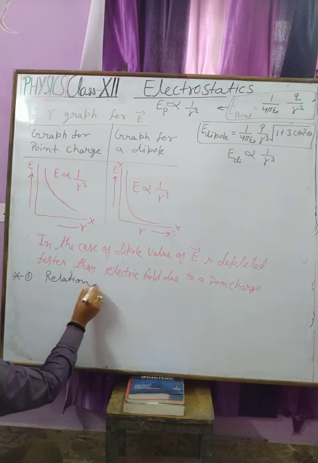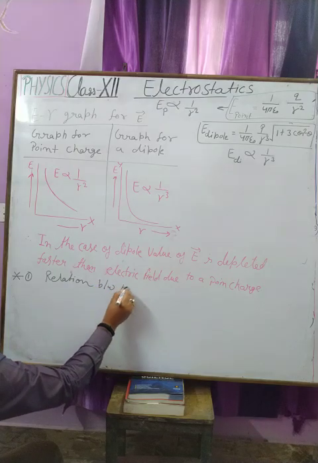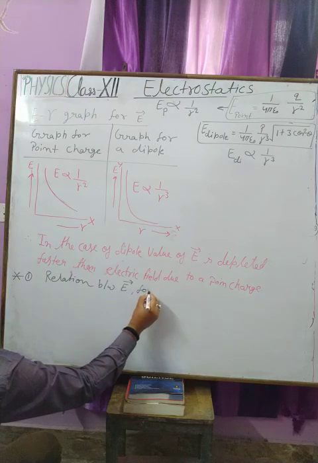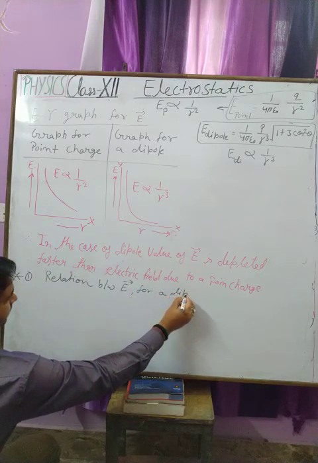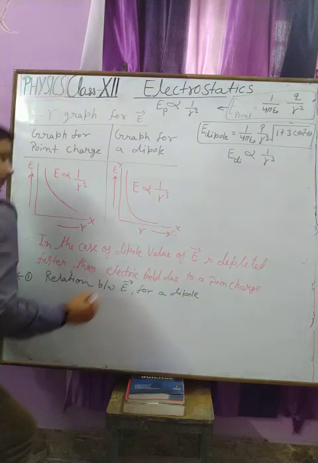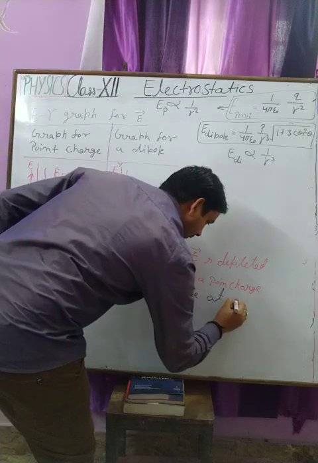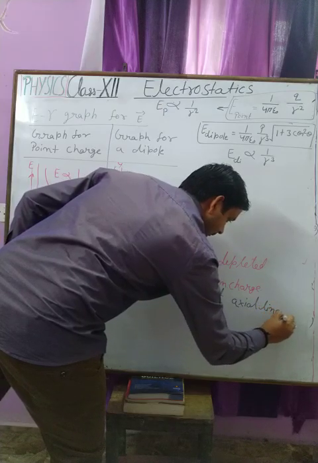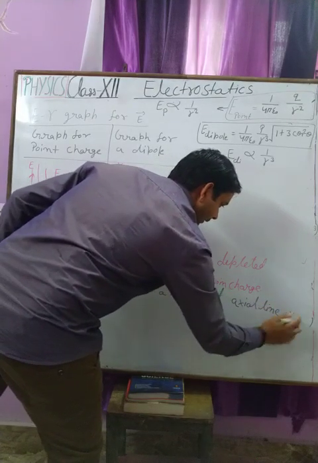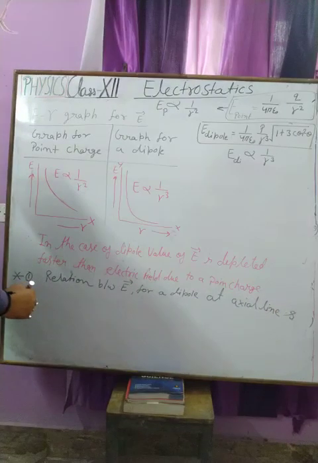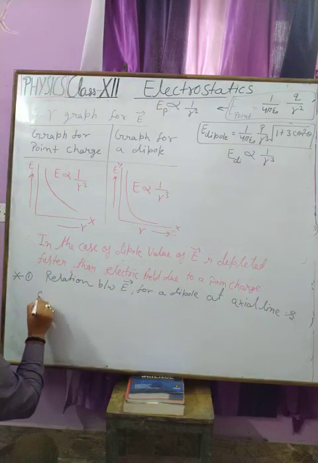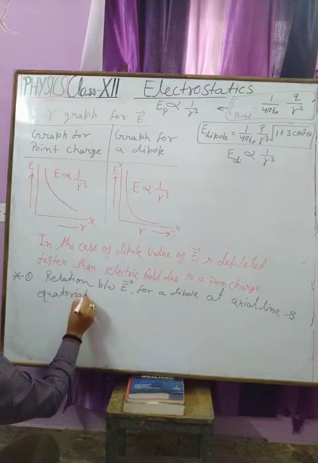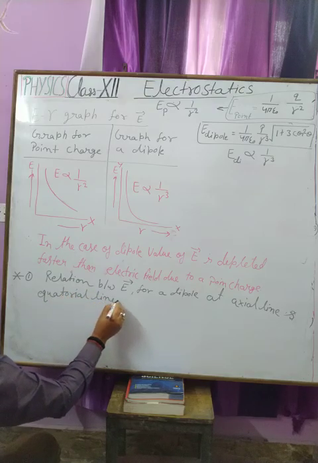Relation between electric field for a dipole at axial line and equatorial line.